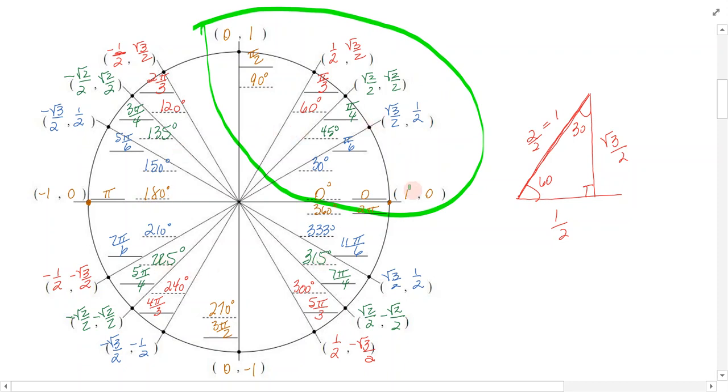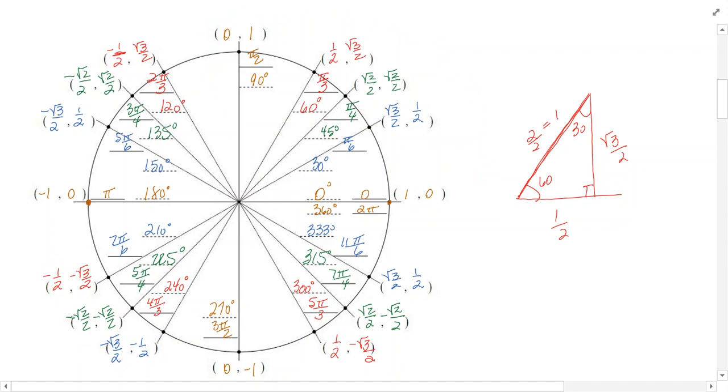I'm hoping that you'll see that if we can learn the first quadrant here, then you can just reflect those values around, using reference angles from the first quadrant, to understand what the rest of the angle measurements are going to be. So again, it's work smarter, not harder, in learning the first quadrant, because that really tells you everything else for the remaining quadrants.